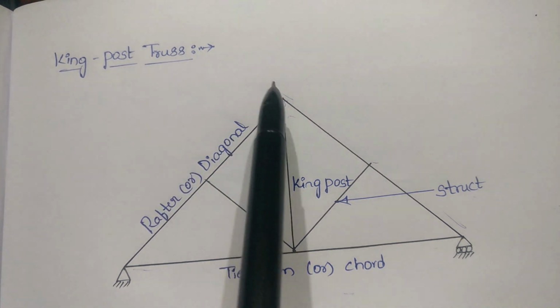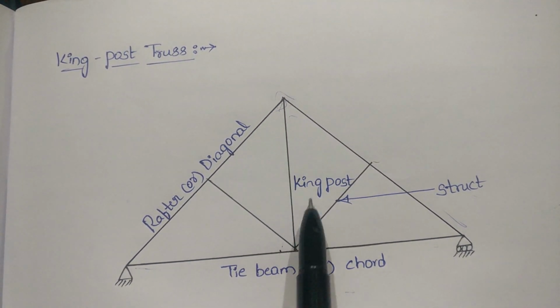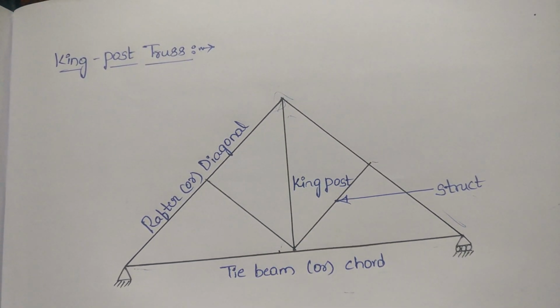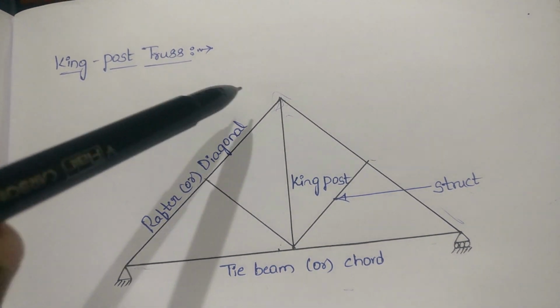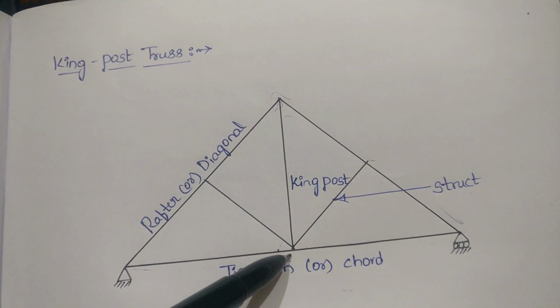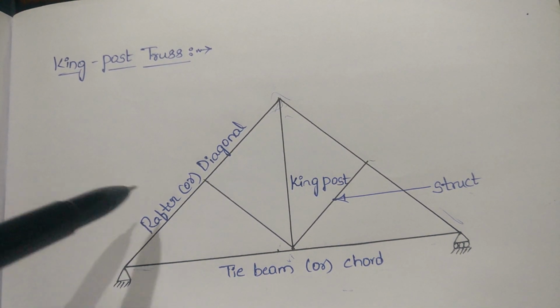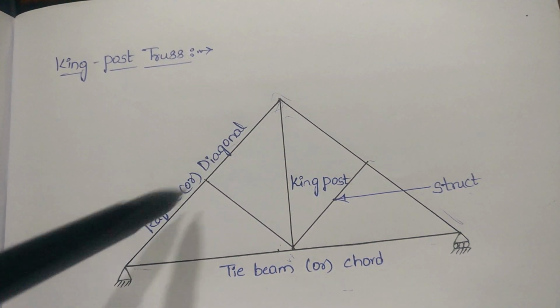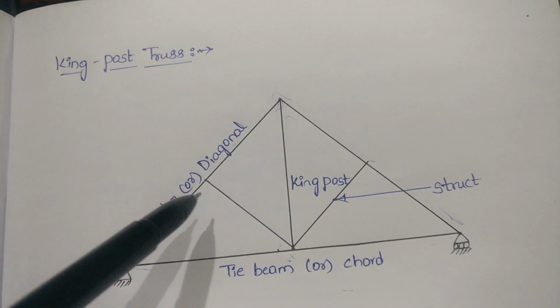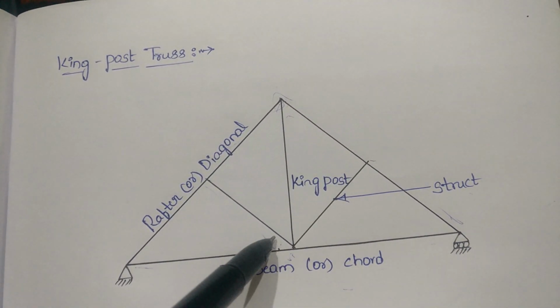The vertical member is called the king post, which connects the apex to the horizontal beam. For a roof truss, the diagonal members are called rafters and these members are called struts.